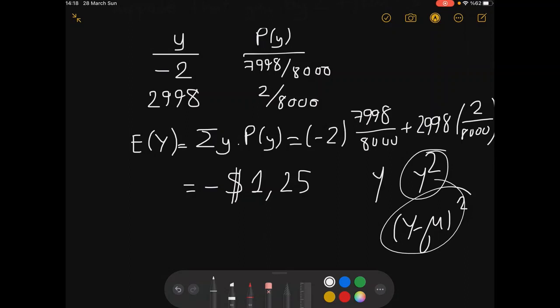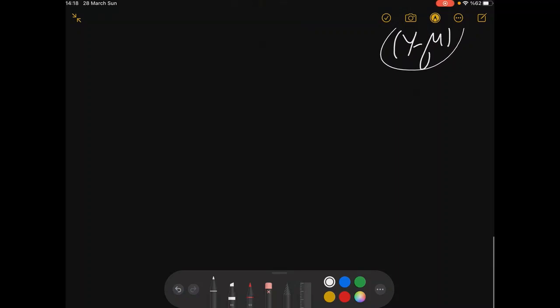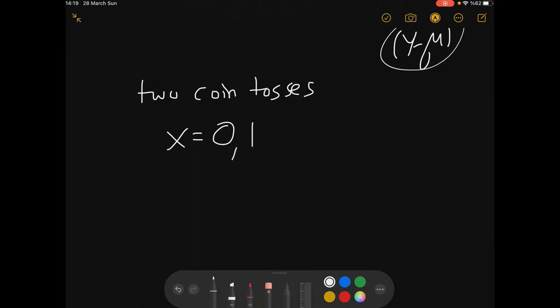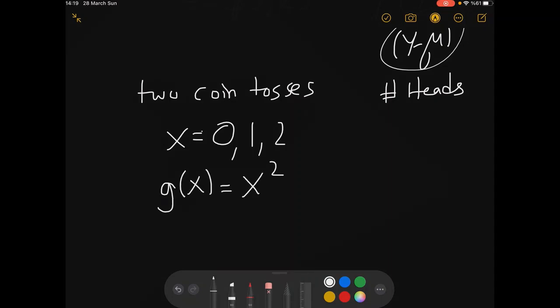So let's return to our 2 coin tosses example again. Suppose that again the number of heads is what we're dealing with, and your X takes values like this, and suppose that you define a function for X, let's say X squared.